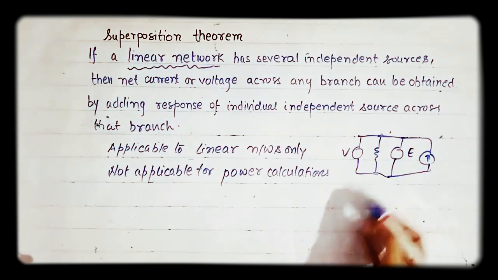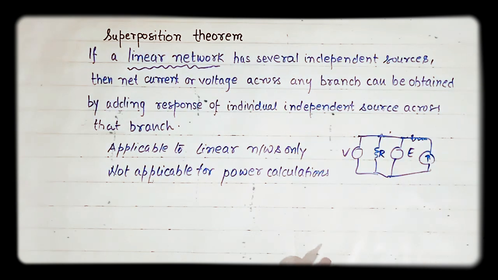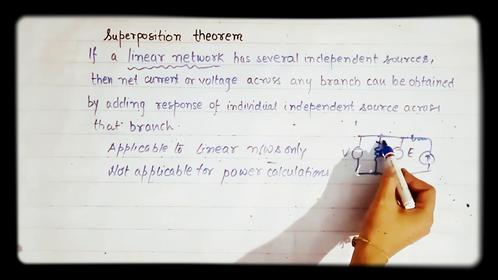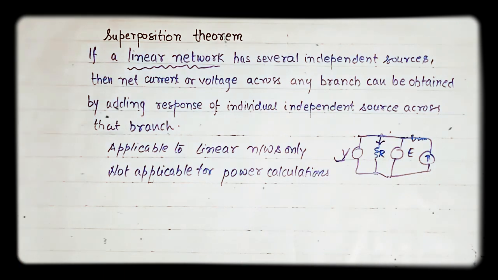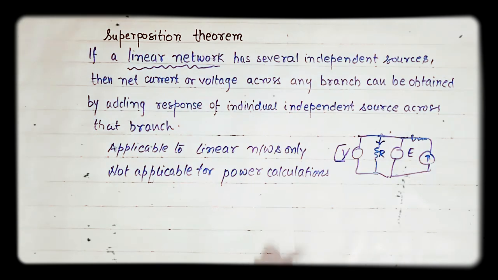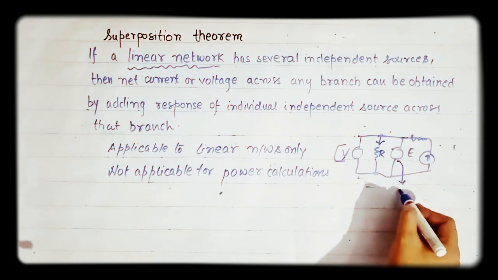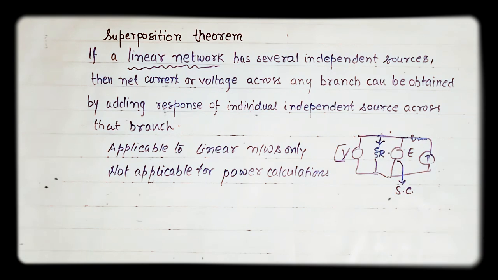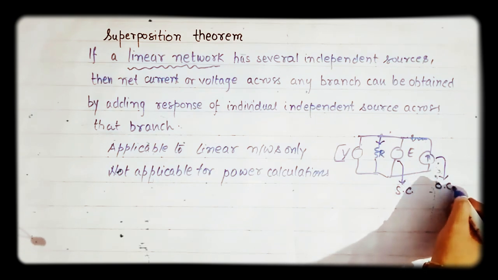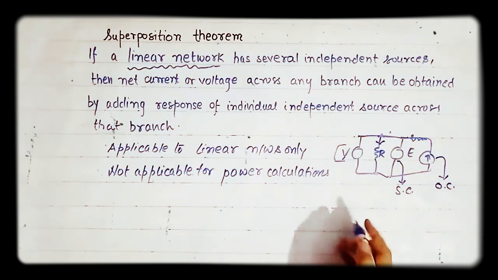Suppose we have to find the current in this resistance R. First we find the current in R due to this voltage source. When finding it, we have to short circuit all other voltage sources and open circuit all other current sources. After making this, we find the current in this resistance R.